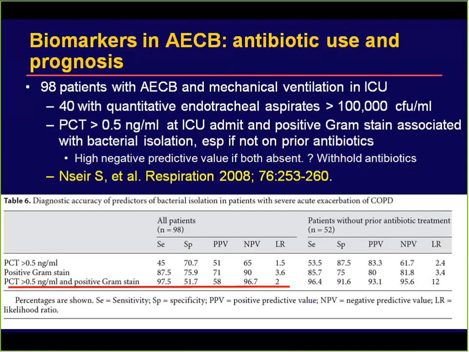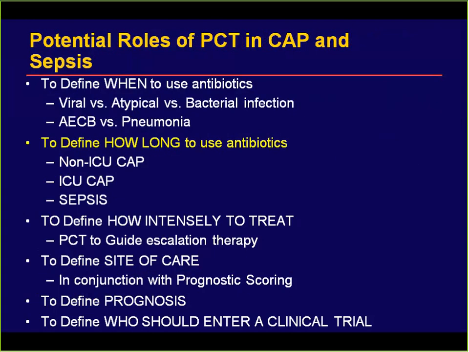And they found if the procalcitonin was greater than 0.5 and the gram stain was positive, that was very highly predictive for the need for antibiotics. But conversely, if they didn't have a high level and the gram stain were negative, they were thinking it might be safe to withhold. I wouldn't make any of those judgments in a clinical context. I wouldn't make them absolutely based on any of the specific results.